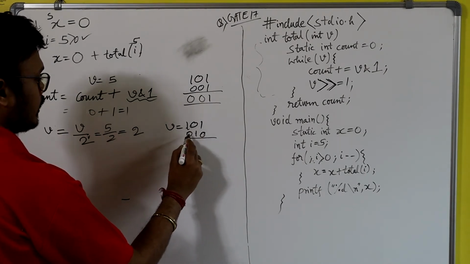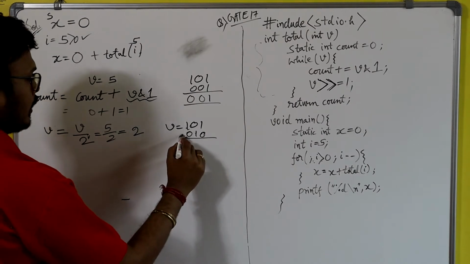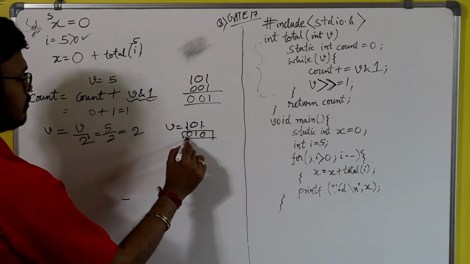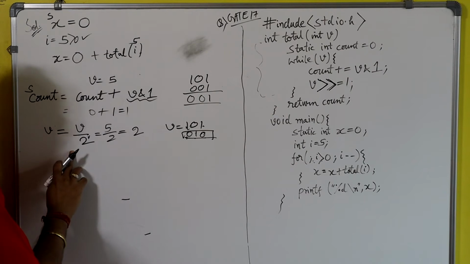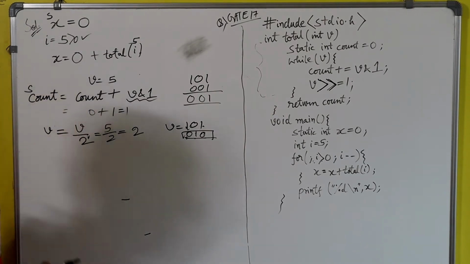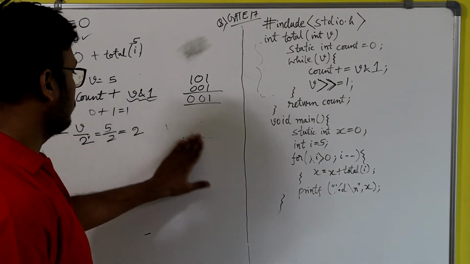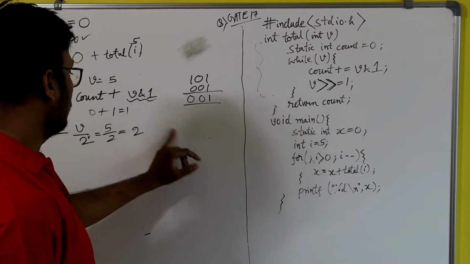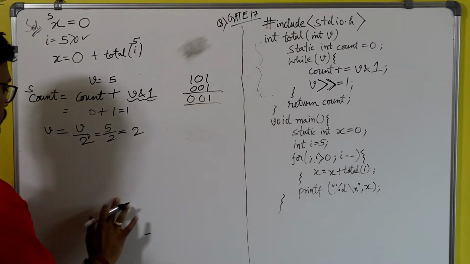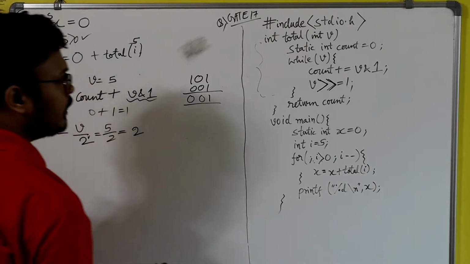So here nothing is there, so I will write 0. So 101 has become 010. It means 2. So the value of v has become 2.